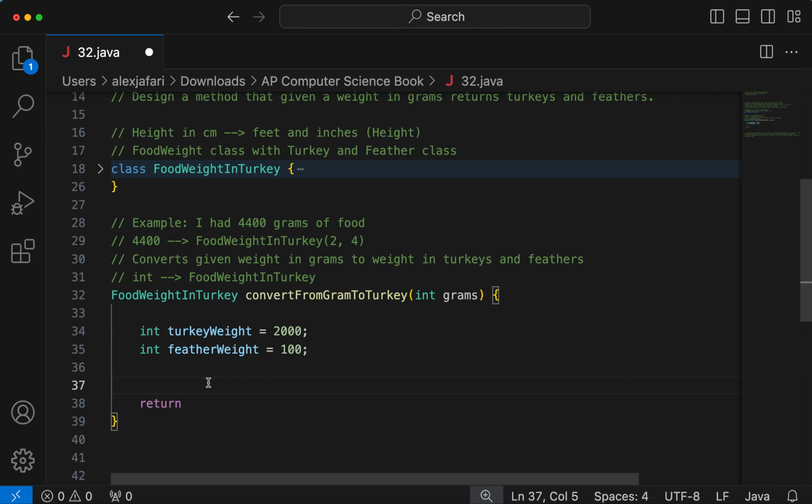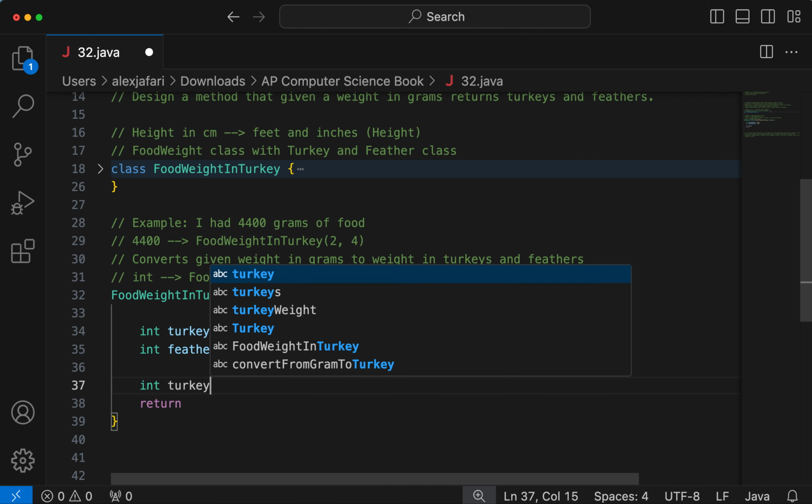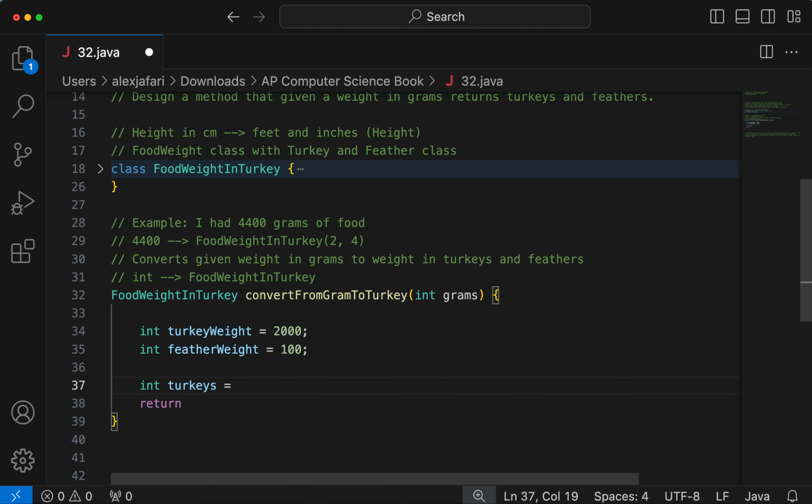So all we need to do is say int turkeys gets the grams divided by turkey weight. So if it's going to be 4,400, if we divide it by 2,000, we're going to get 2.2. But since it's an int, it's going to get rid of the point whatever. So it's just going to be 2.